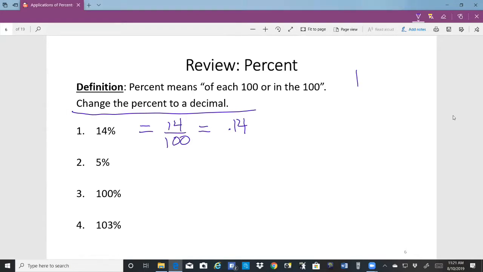Of course, you can take the 14 and just divide by 100, move the decimal place over 2, and you've got 0.14. For 5%, it's equal to 5 over 100. Again, move the decimal place over 2, and you get 0.05.